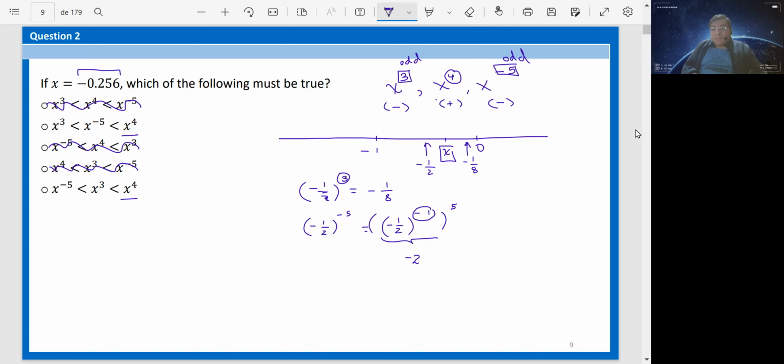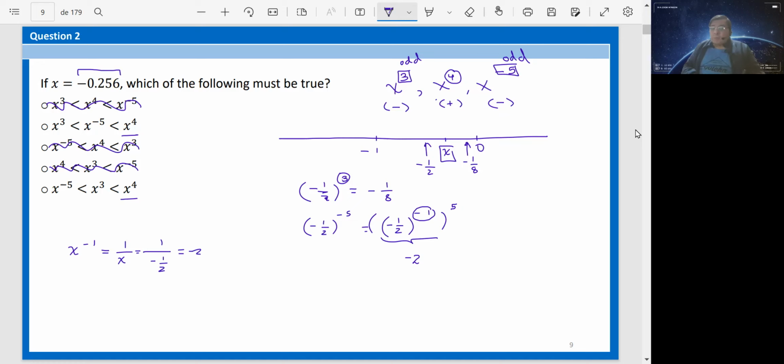You know, the reciprocal or the inverse of a real number x, represented by x to the negative 1, is always 1 over x. So what we've done here is divide 1 over negative 1/2, and that equals negative 2, of course.